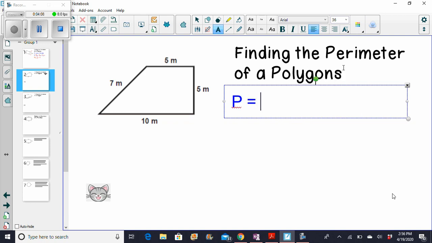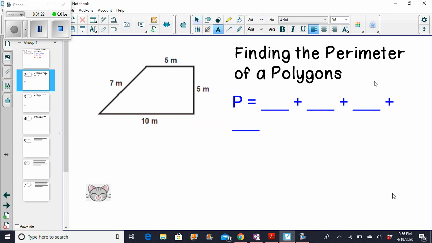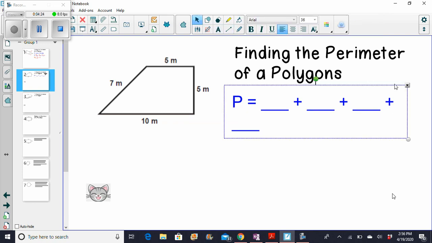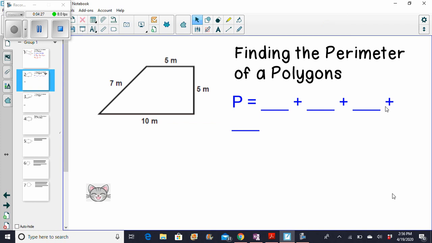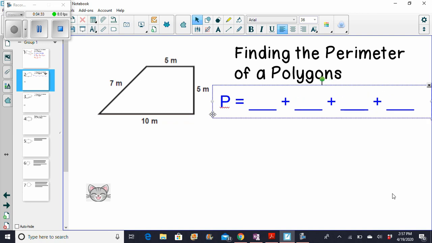So in this case, P for perimeter is going to equal, so we'll have one side plus another side plus another side plus one last side. I'm running out of space here. I'll go ahead and extend my number sentence frame here. Okay, so I'm going to go ahead and start to fill in those blanks because I then want to add all these up to find my perimeter.